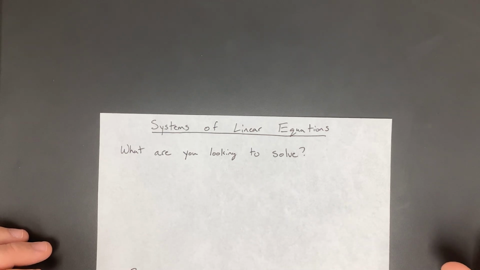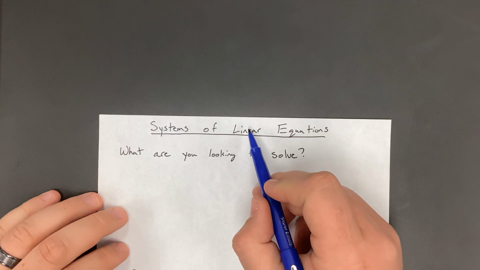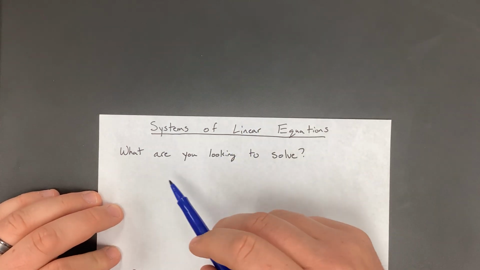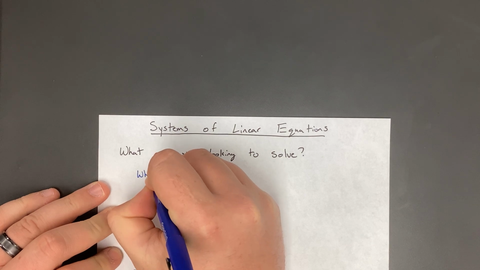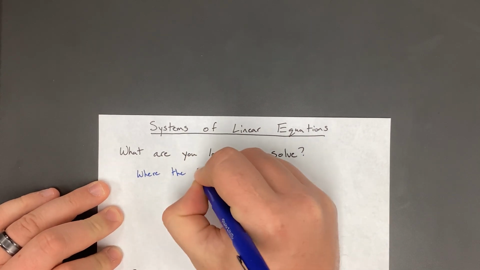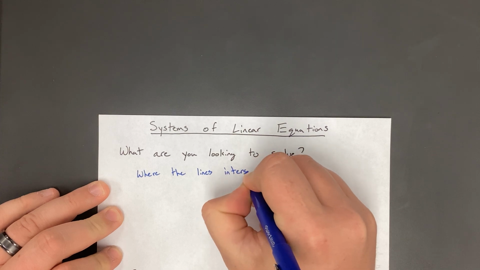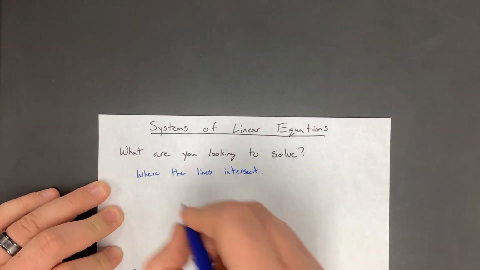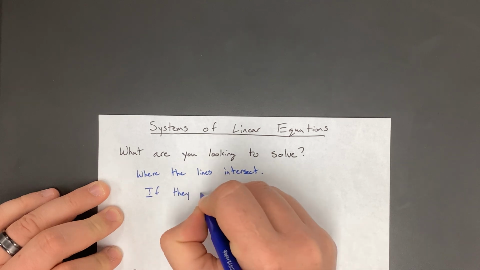Welcome in everyone. In this video, we are going to be covering systems of equations and the three ways we solve systems of equations. With systems of linear equations, we have two lines, and what we are looking to solve is where the lines intersect, and specifically if they intersect.